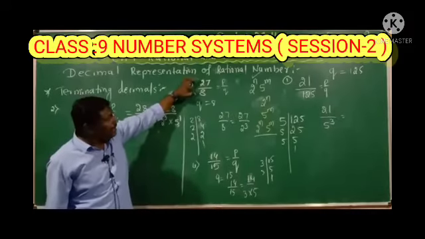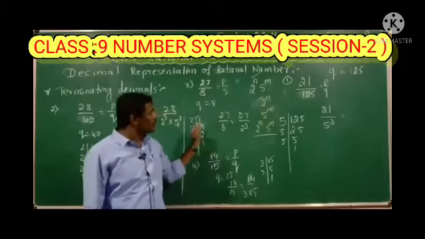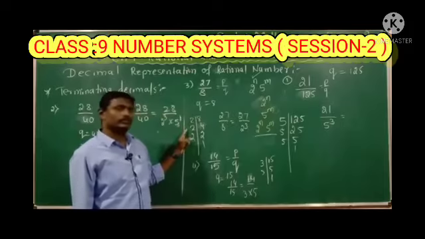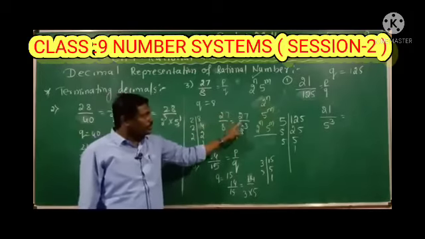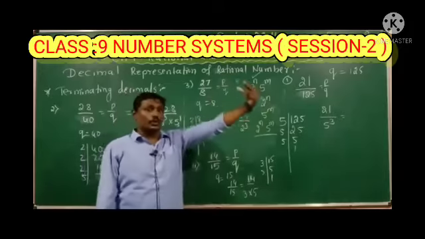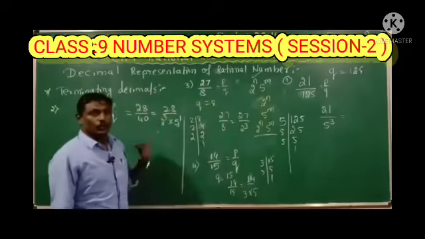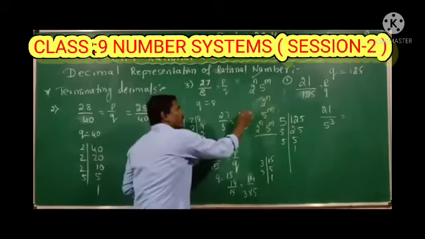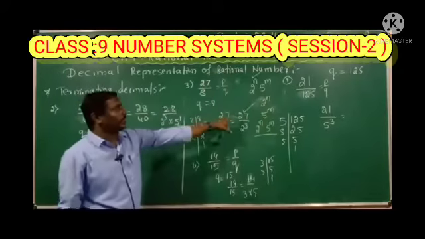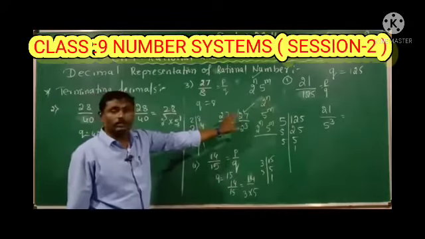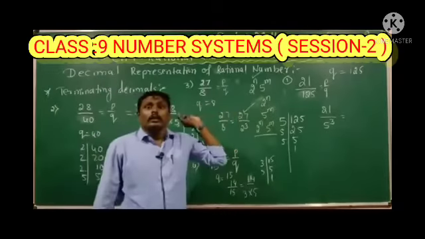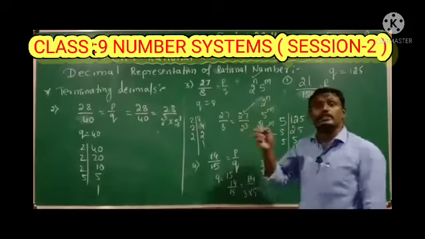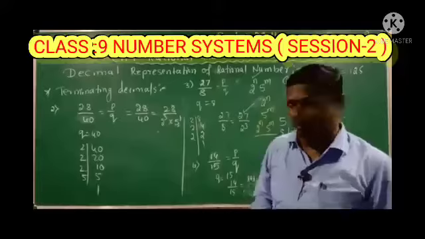When I factorize the 8 with the help of prime factorization, 8 can also be written as 2 cube, right? So this 2 cube indicates this is also a purely terminating decimal value. The 27 by 2 raised to 3 is exactly divisible.